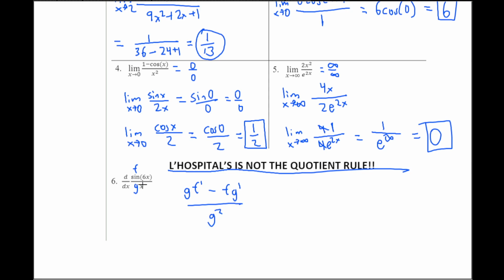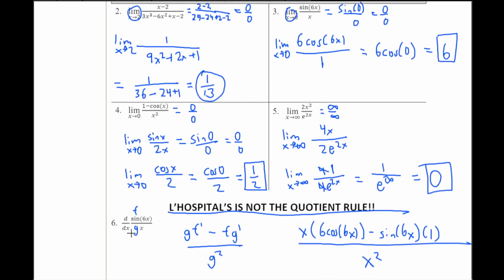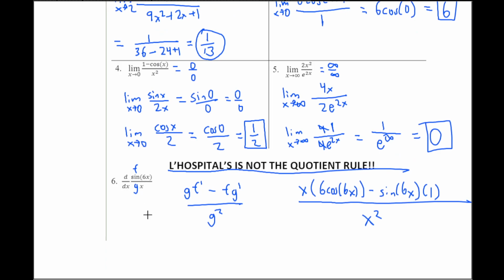And if we did this here, the derivative would be the bottom, which is x, times the derivative of the top, which is 6 cosine of 6x, minus high d low, so minus sine 6x times the derivative of the bottom, which is just 1, all over low low, x squared. So again, be careful with these, because some problems will ask you to find the derivative of a fraction, and some will ask you to calculate the limit. So be sure L'Hopital's rule is only for when you're doing limits, not when you're finding just a derivative by itself.